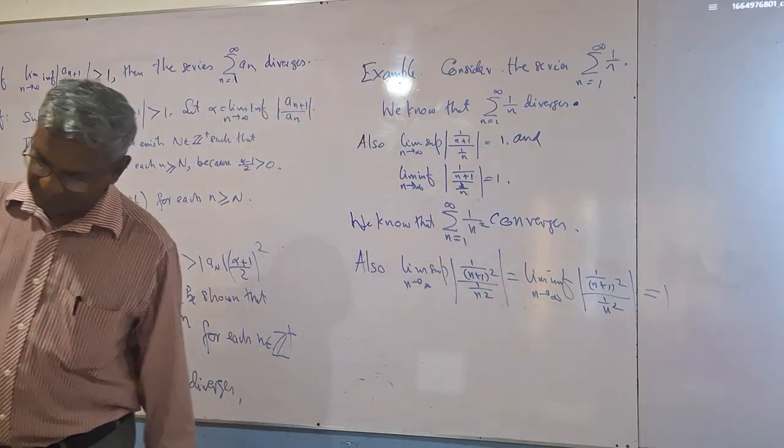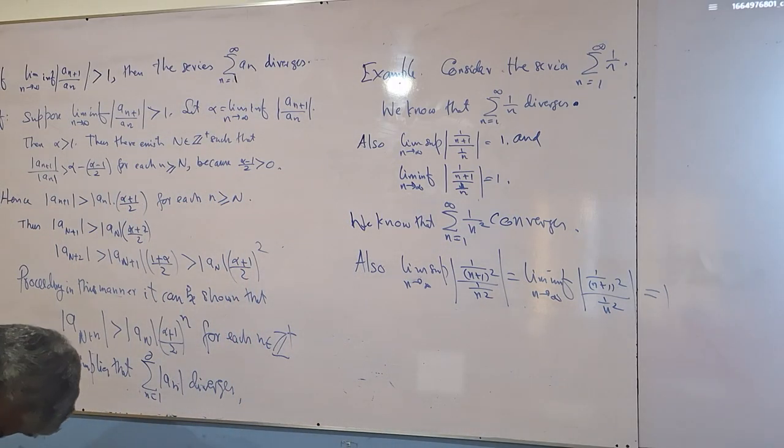So you have a divergent series, so that lim sup and lim inf both are equal to 1. The convergent series, again lim sup and lim inf both are equal to 1.